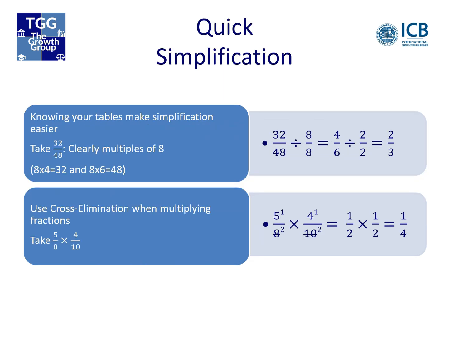Now, of course, if you know your tables, then the simplification is much easier. Okay, so if you have 32 over 48, you could look at that and say both those numbers are clearly divisible by 2 because they are both even numbers. But if you know your tables, you will know that both are multiples of 8. 8 times 4 is 32, and 8 times 6 is 48.